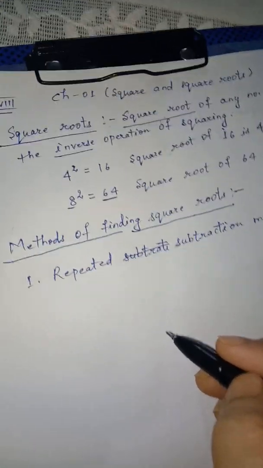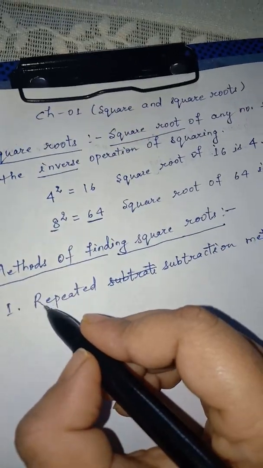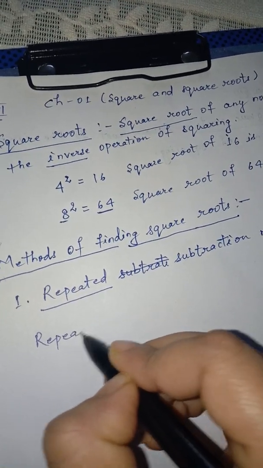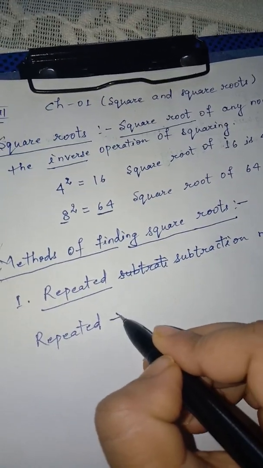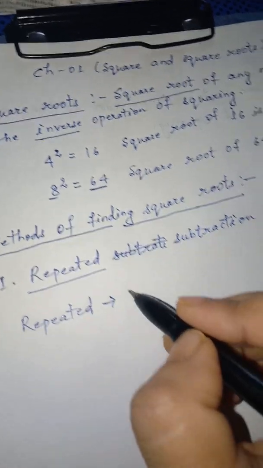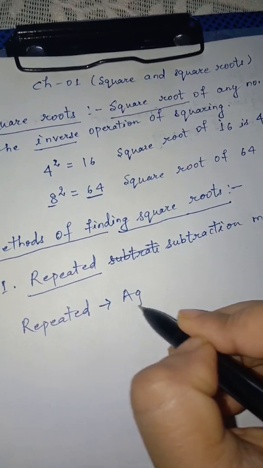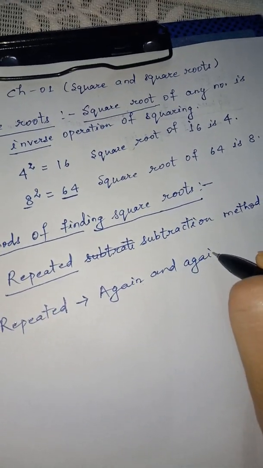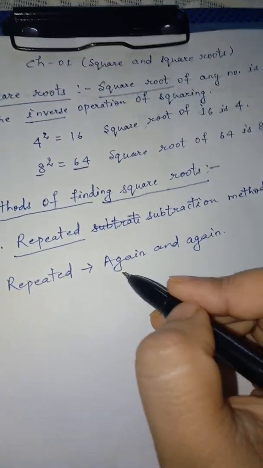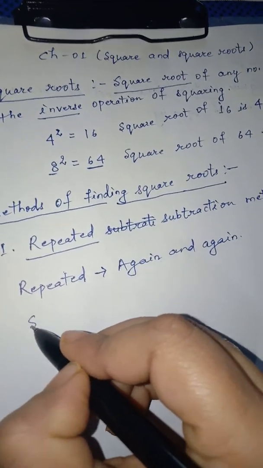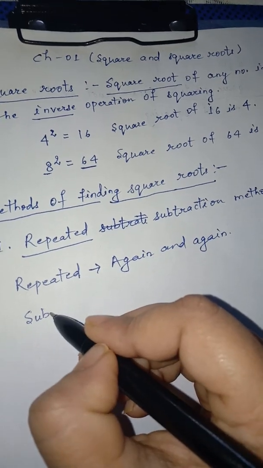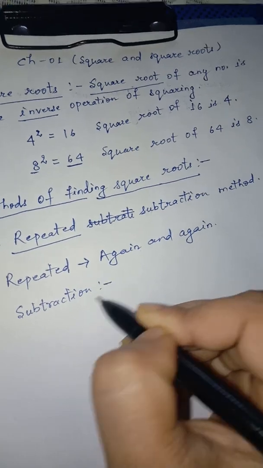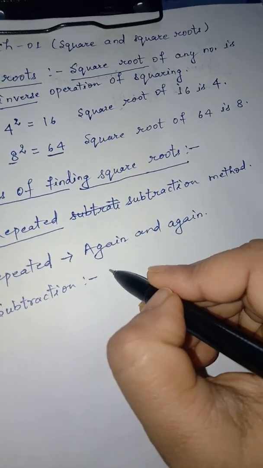First of all, we should be clear about the name of this method. What is the meaning of repeated? In general language, the meaning of repeated is again and again. And you are well aware that in subtraction we find the difference.